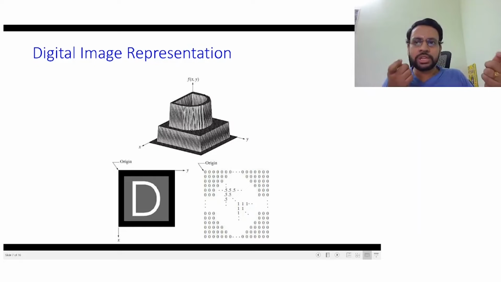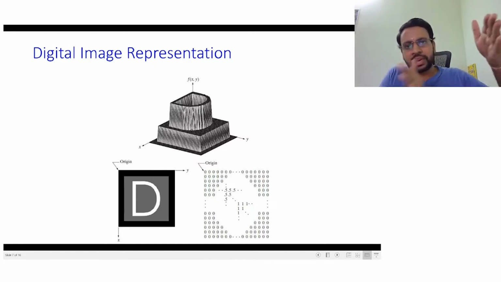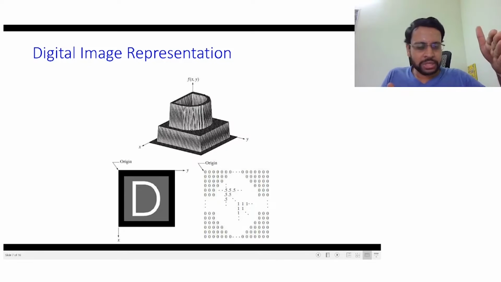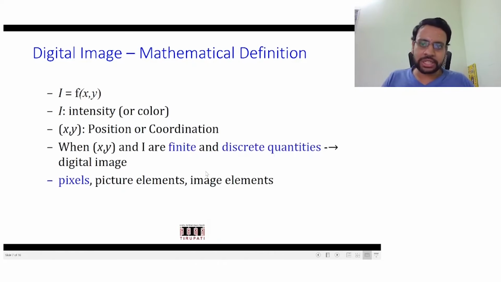Assume that the least intensity is 0, highest is 1, and somewhere in between it could be any value between 0 and 1. So assume now this is 0 outside, middle is 0.5, and inside the shape D is having 1. So this is how you could represent it. Hope that representation is clear to you.